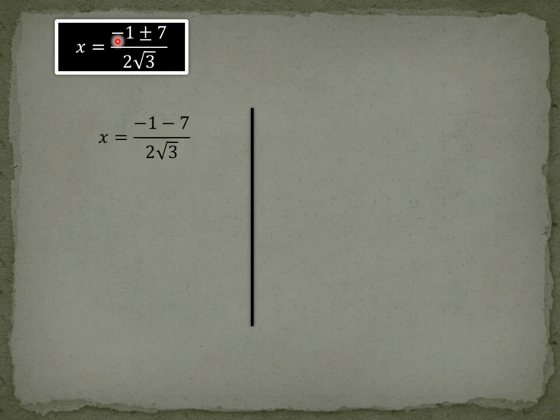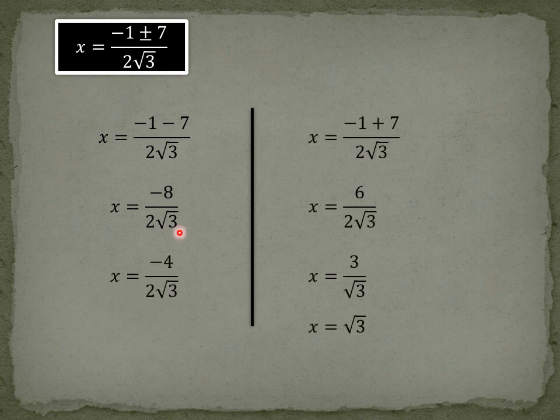First of all, I have written minus 1 minus 7 over 2 under root 3. I have not taken the positive sign. First of all, I have taken the negative sign. We will do all the solution. Minus 1 minus 7 will become minus 8 and the denominator will remain the same. We have done the cancellation of 2 and 8, so the answer is minus 4 over under root 3.